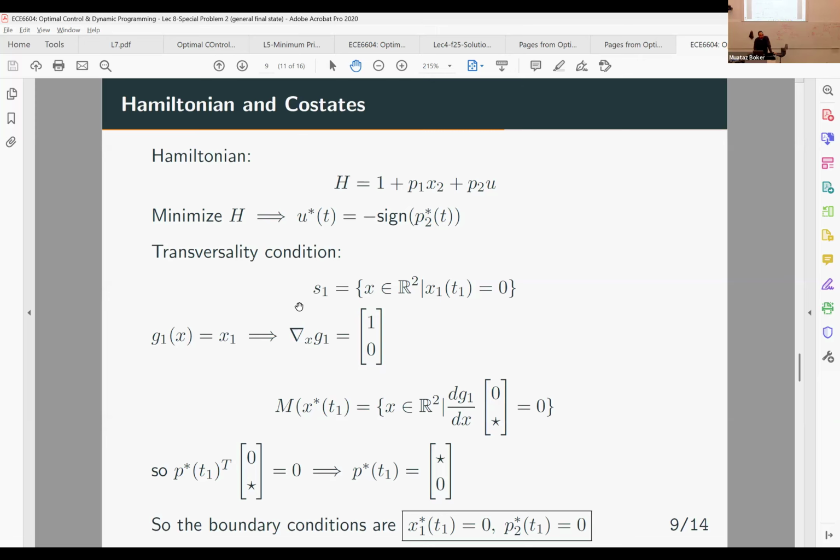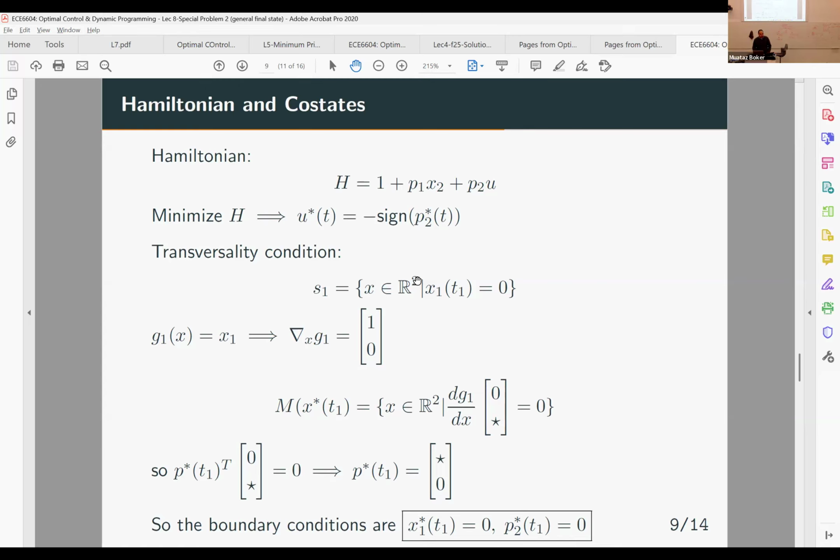So first of all, the set here is not the whole space. The set, this should have been capital S, but anyway, S1 is 2-dimensional. One of them, the x1, has to be fixed at 0, and the other one, we don't care. So this is the set S1.